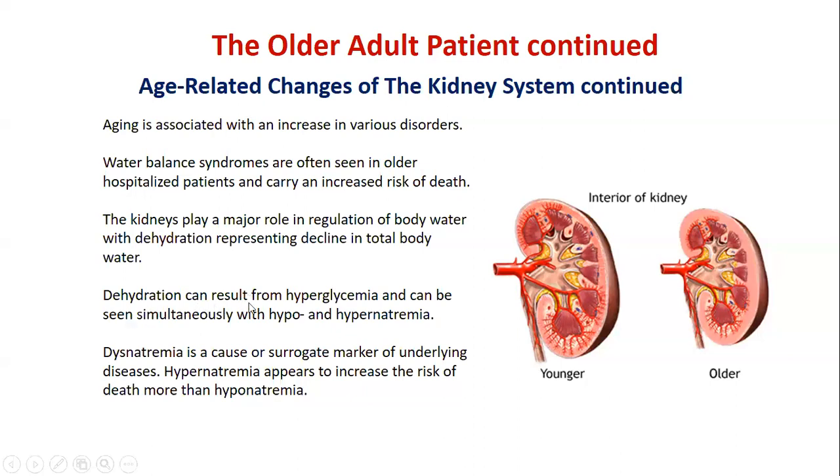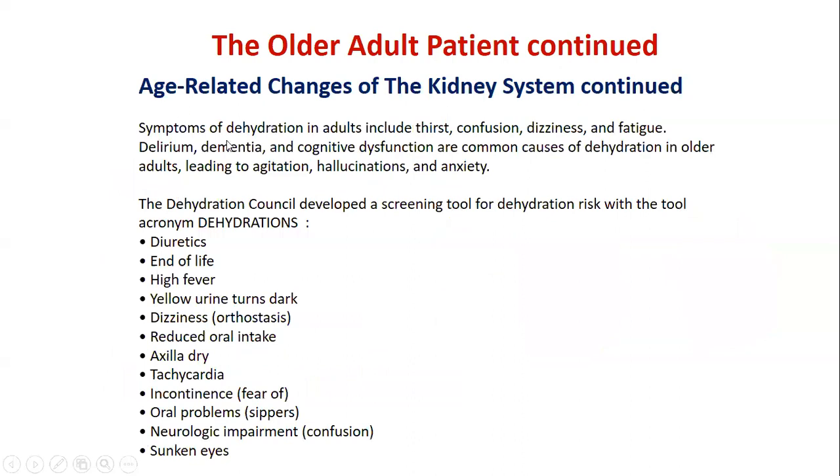So dehydration can result from hyperglycemia and can be seen simultaneously with hypo- and hypernatremia. What else? Symptoms of dehydration in adults include thirst, confusion, dizziness, and fatigue. Others are delirium or dementia.